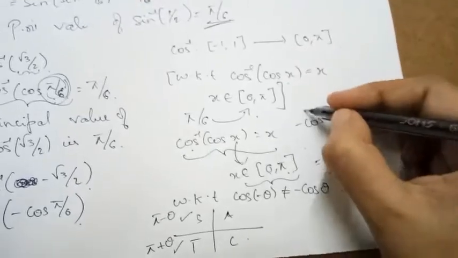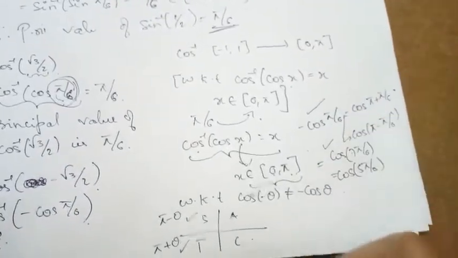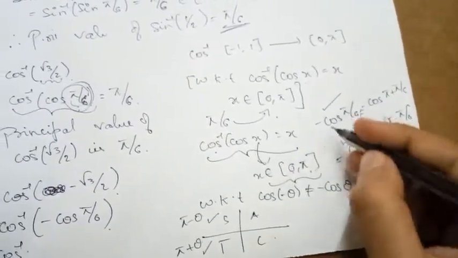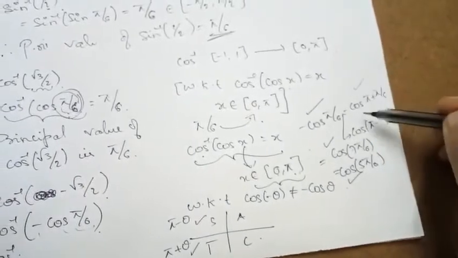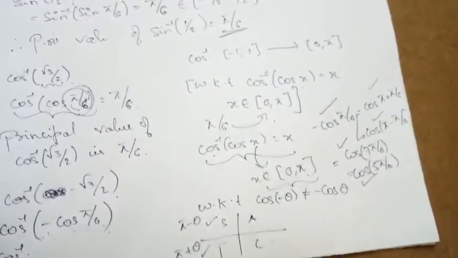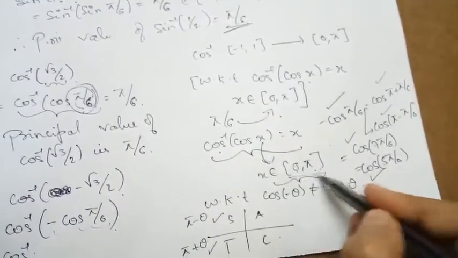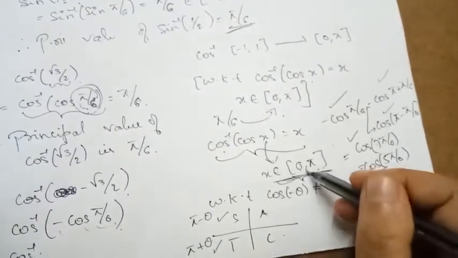So the values of minus cos pi by 6, cos 7 pi by 6 and cos 5 pi by 6 are all one and the same. Now in the place of minus cos pi by 6, which value do I need to choose, this or this? It depends upon us. We look into the principal value branch of the cos function.